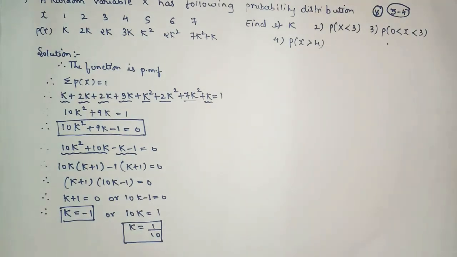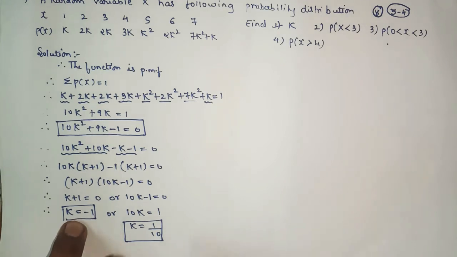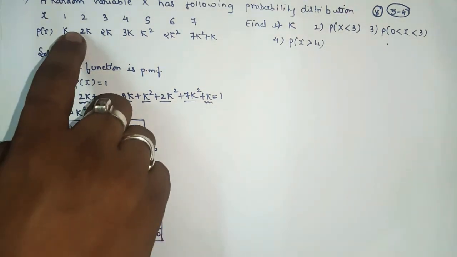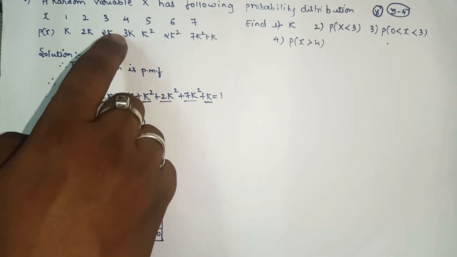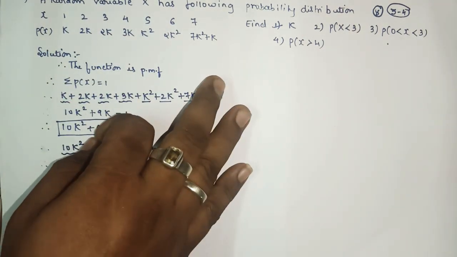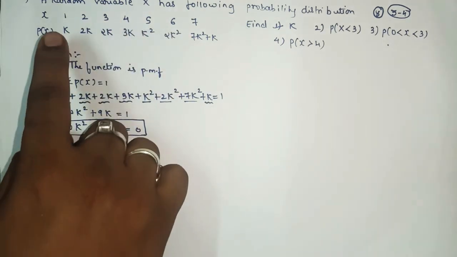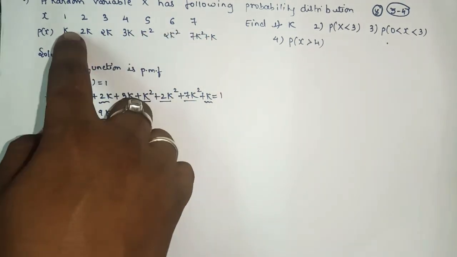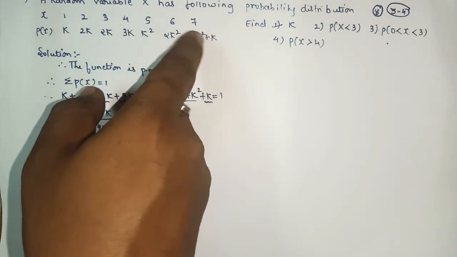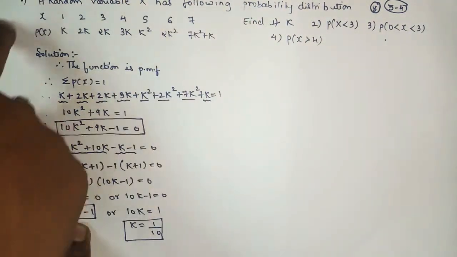Remember this. Now first we'll check the value k equals minus 1. When we replace the value of k by minus 1, here you will get minus 1, minus 2. As we know, a probability p of x value cannot be negative. If it is negative, the function cannot be a PMF.